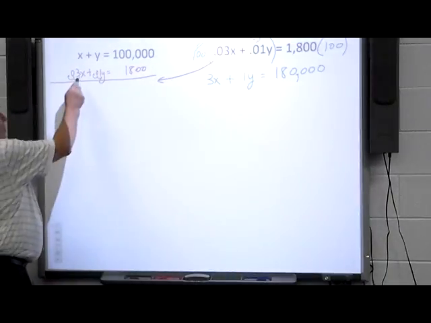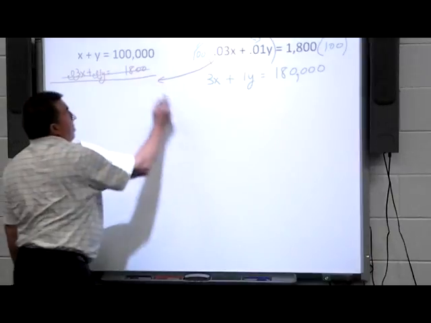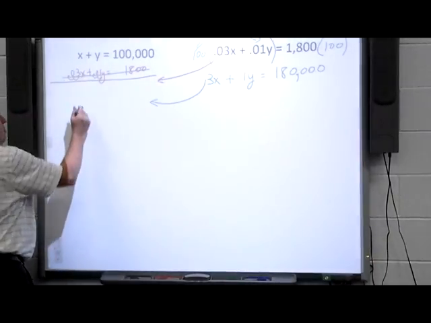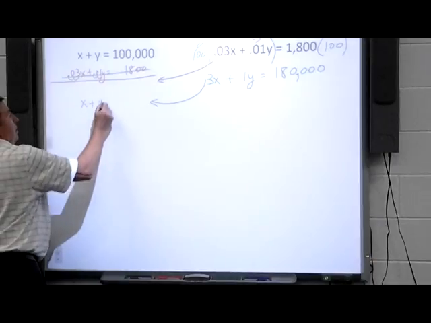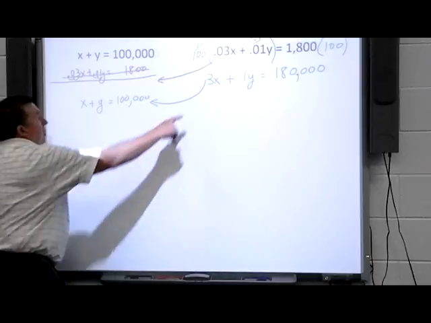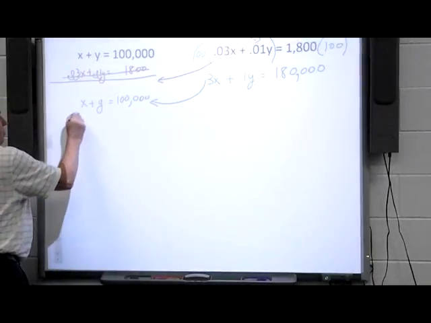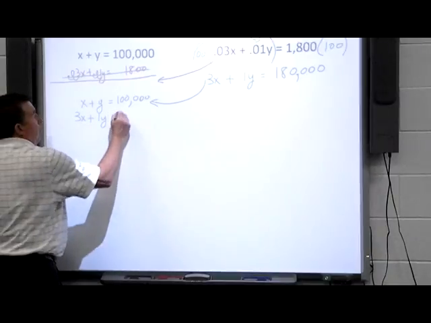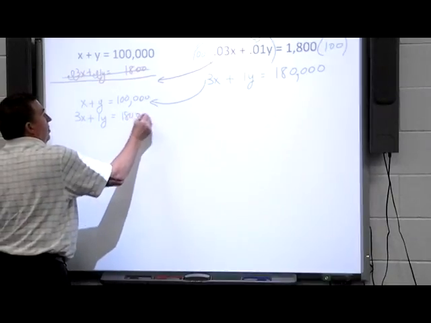So now in place of this equation, I'm going to slide this one over. Now I've got the original one of x plus y equals 100,000, and my new equation of 3x plus 1y equals 180,000.